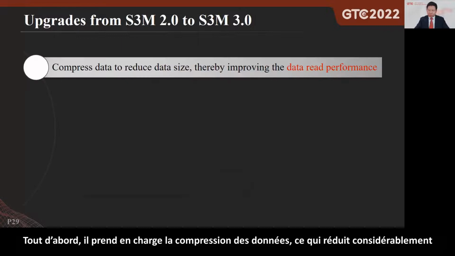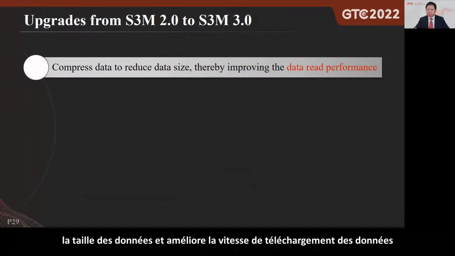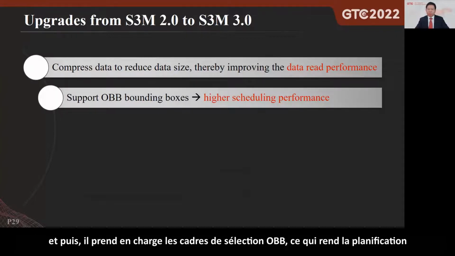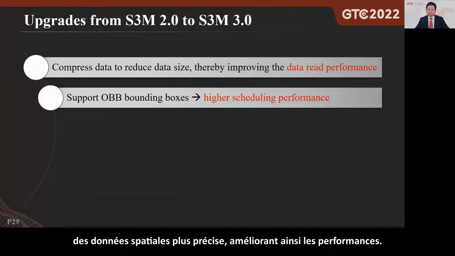First, it supports data compression, greatly reducing data size and improving the data access speed. And then it supports OBB bounding boxes, making the scheduling of spatial data more accurate, thereby improving the performance.